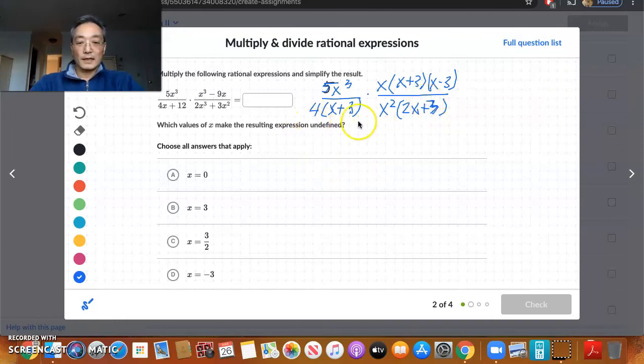Now it's clear what the restrictions on the domain are. x can't be negative 3. X cannot be 0.